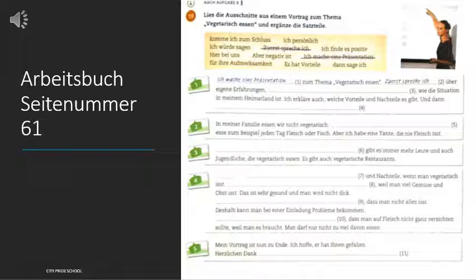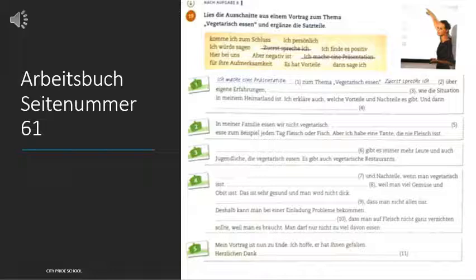2. In meiner Familie essen wir nicht vegetarisch. We don't eat vegetarian. Blank esse zum Beispiel jeden Tag Fleisch oder Fisch. Every day eat fish or meat. Aber ich habe eine Tante, die nie Fleisch isst.